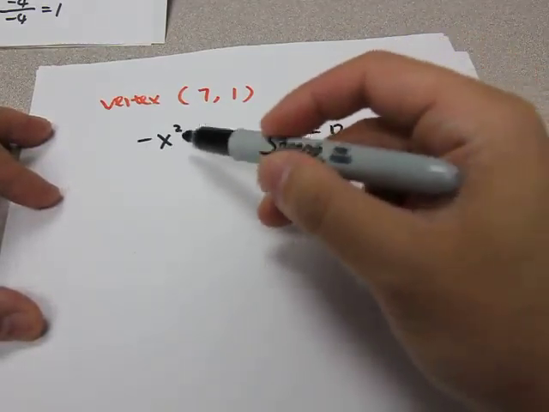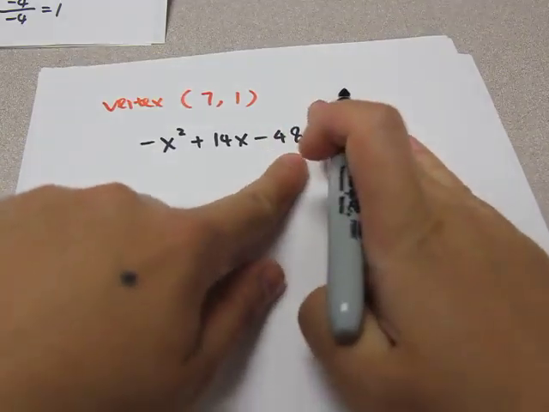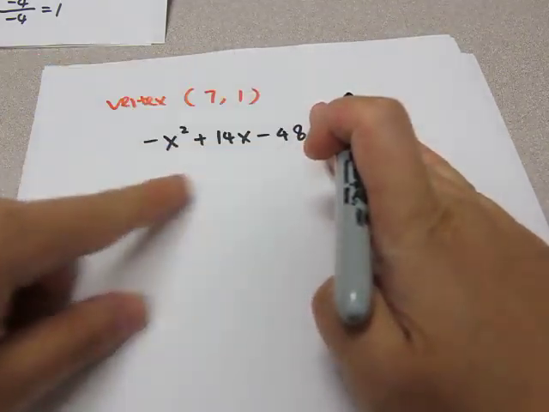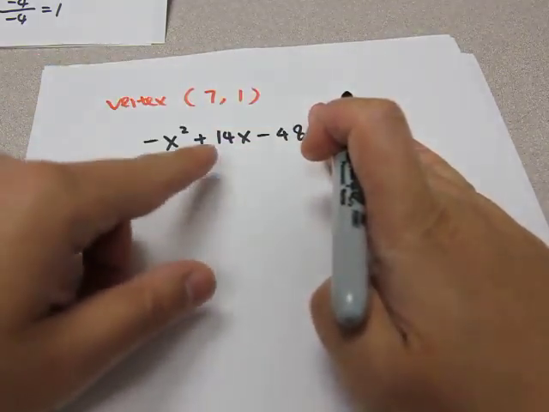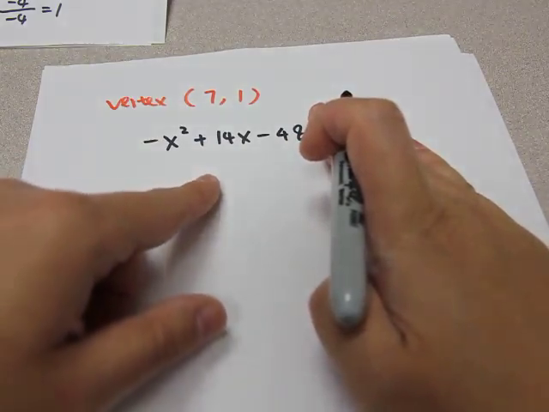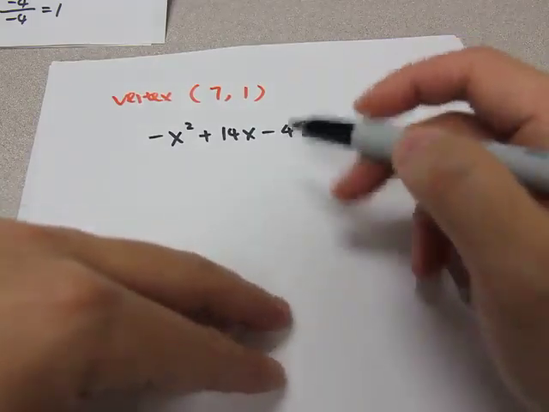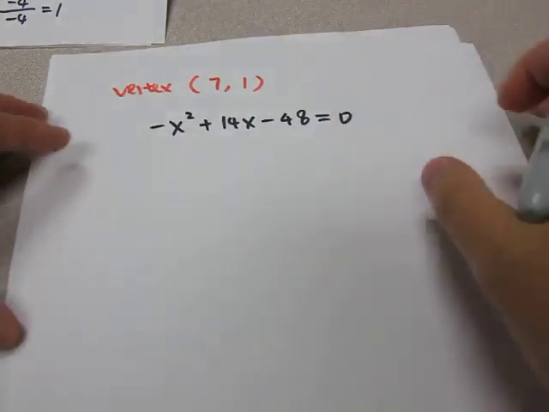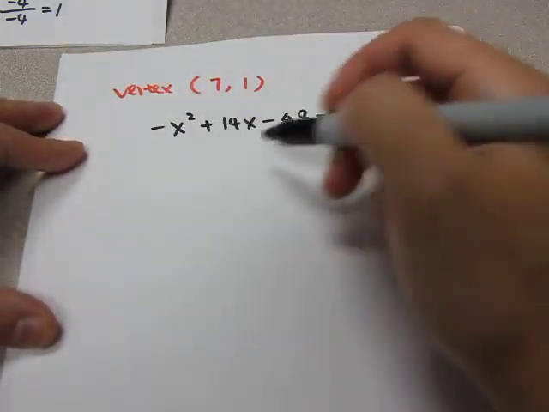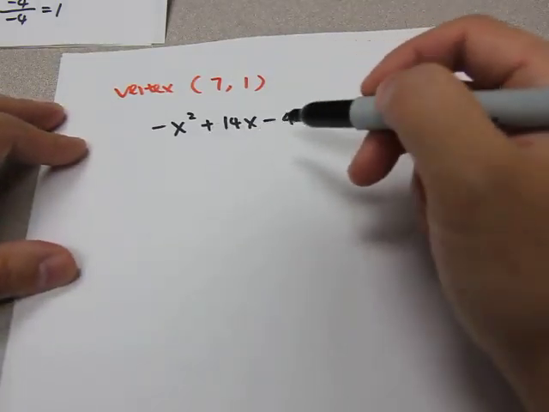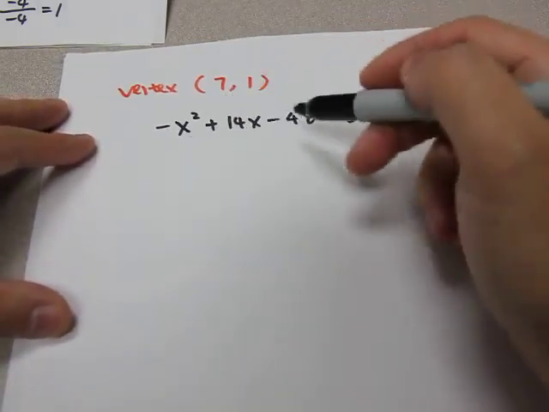If this trinomial can be factored, then you can use factoring and then use the zero product property to solve the equation, or you can use the quadratic formula. So here in this example, we can solve it using factoring. Let me show you why.